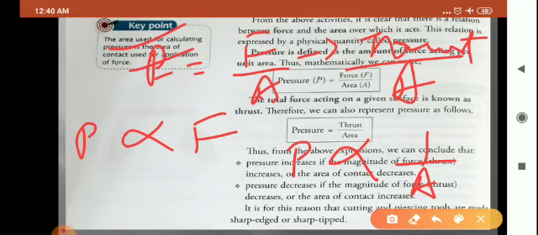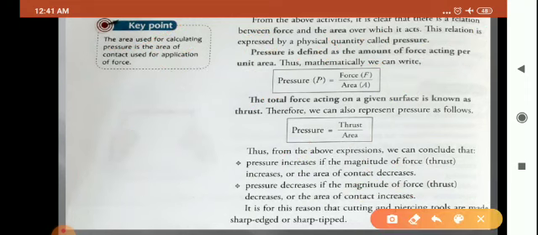You should know this thing, or you may note these two things. What is pressure? Force acting per unit area, or whatever force is acting on each unit of area, that is known as your pressure.